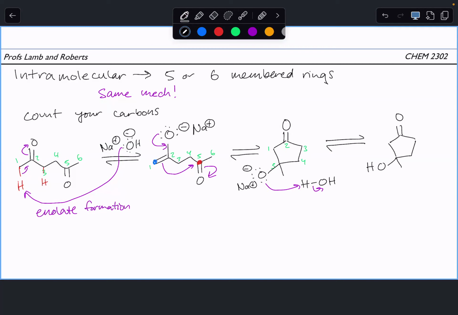Then, in this case, let's say that the temperature wasn't specified, so we assume it keeps going, right? We didn't cool it down, and we still have alpha protons here, so it needs to keep going. Still have alpha protons. So we're going to go again. So this is our addition product.